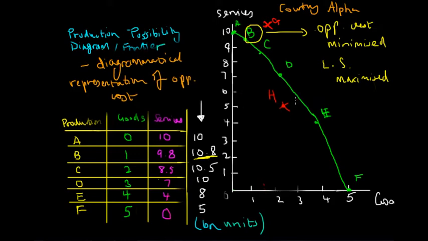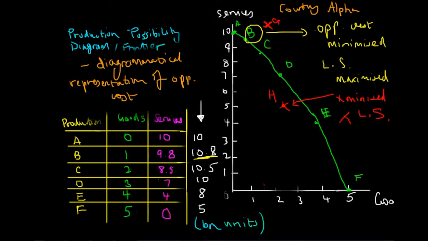So their opportunity cost here at point H would not be minimized. So let's put a cross next to the minimized, and also a cross next to the living standards, because their living standards are not maximized. Because we know for the resources currently available at point B is where opportunity cost is minimized and living standards are maximized. So how would a nation get to point G?